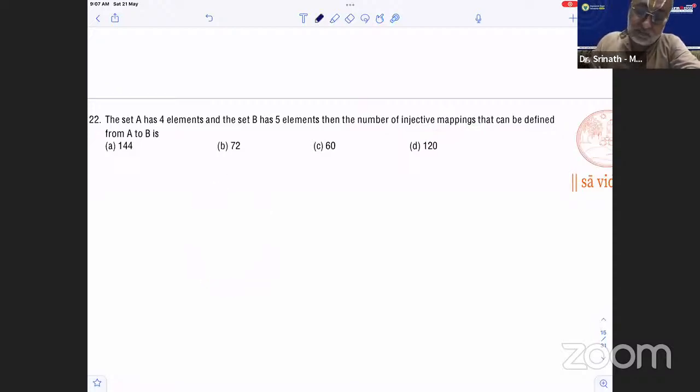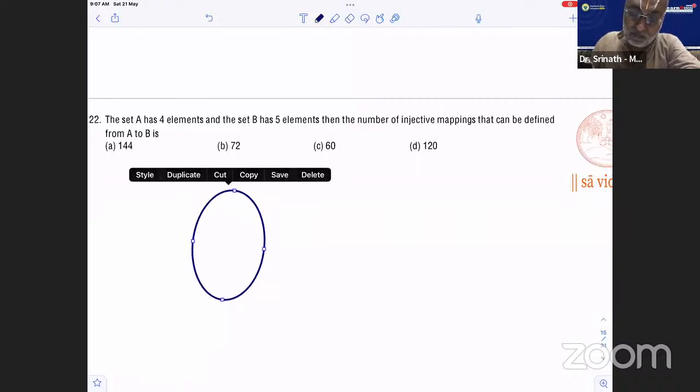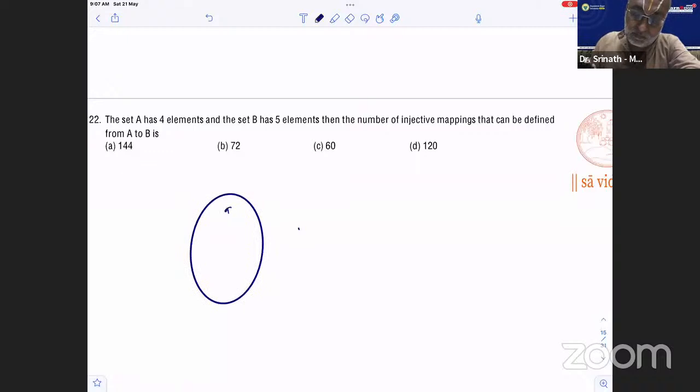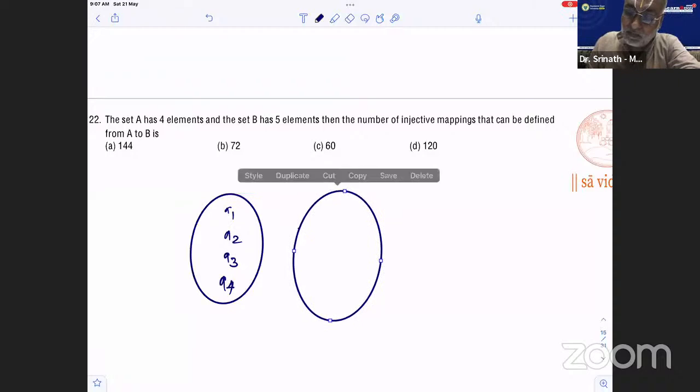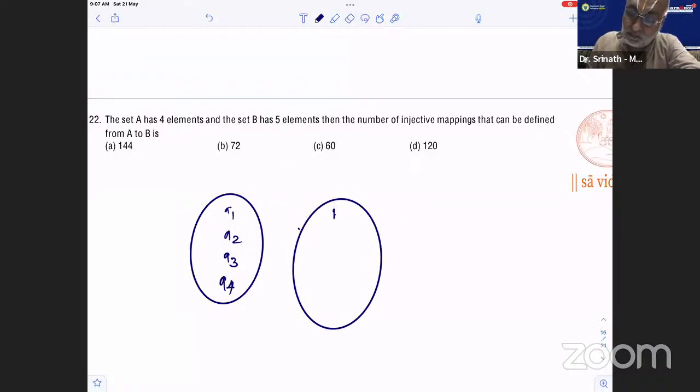We have 4 elements A1, A2, A3, A4 in set A, and another set B with the elements B1, B2, B3, B4, B5. This is A and this is B. My question is the number of injective mappings that can be possible. How many one-one functions can be possible?